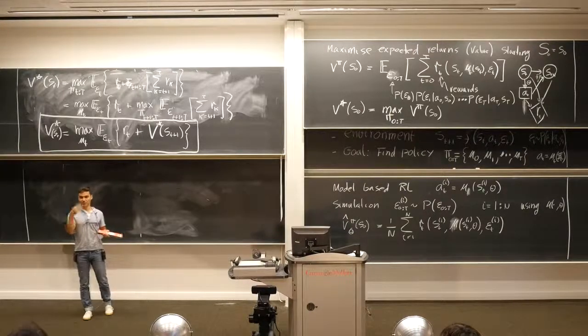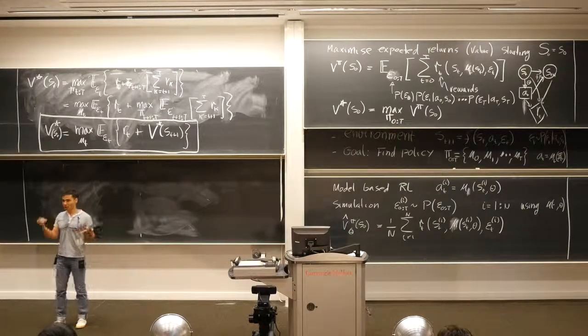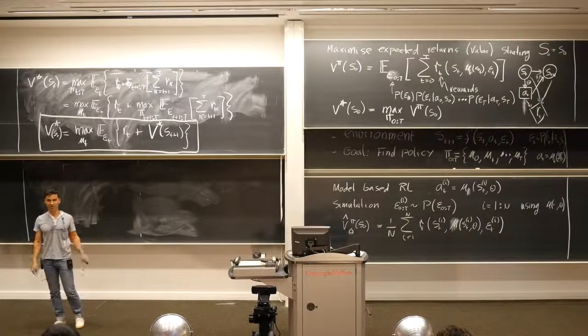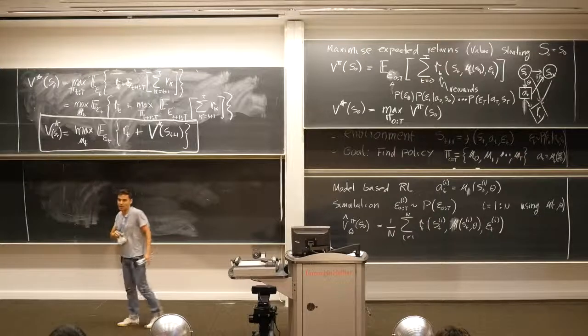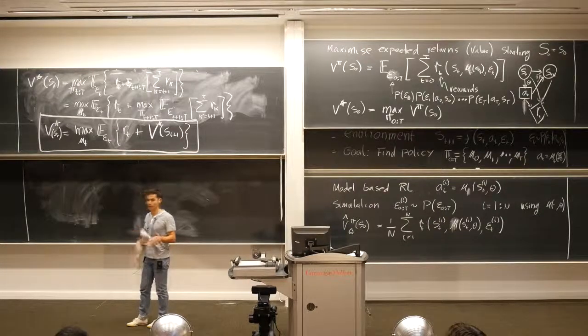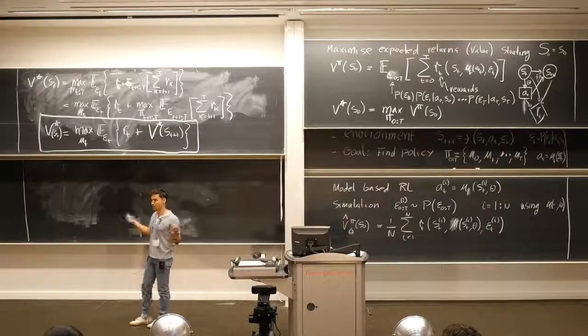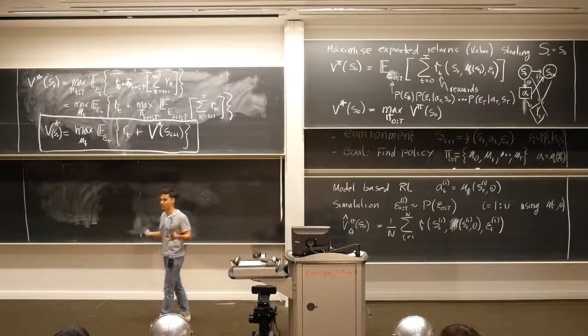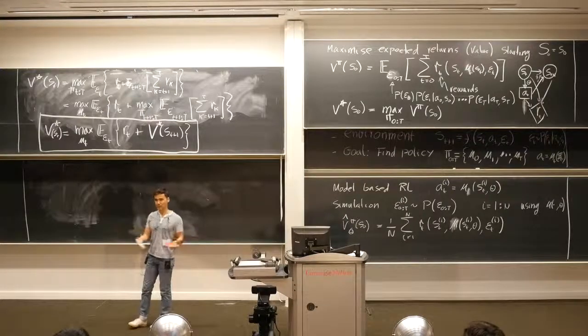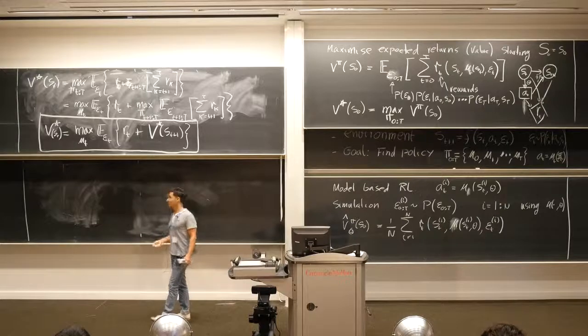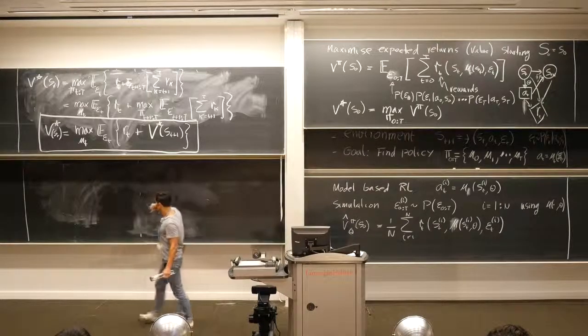So we could iterate this fixed point and hope that we will get a valid estimate. And indeed, you do, and there are many convergence results. You can show that this is a contraction operator, that this stabilizes, and you're able to estimate the value function.